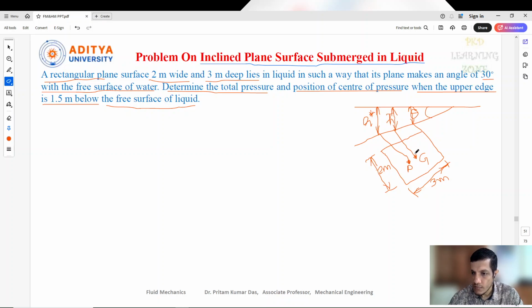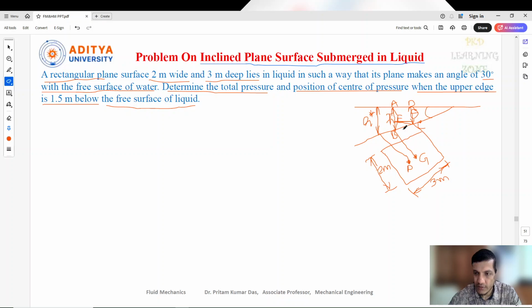Now a few more things I can do here. Let me give a point here. This is the C point, this is the A point, and this one we can give as the D point, AB and CD. And here let me make a straight line from this point to here. Let me make a point here, that is E point.